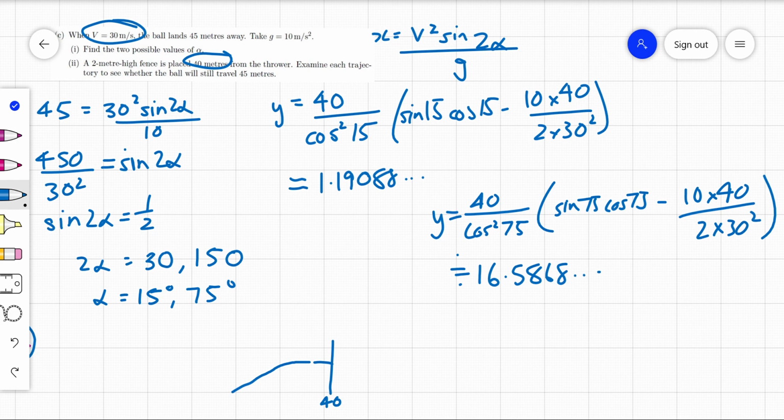So you can see that one reaches over. This was a small angle, like 15 degrees, but if we had 75 degrees, it would definitely go over that wall and still land at the 45 metre mark. So examining each trajectory, in the second case it still travels that 45 metres in range.